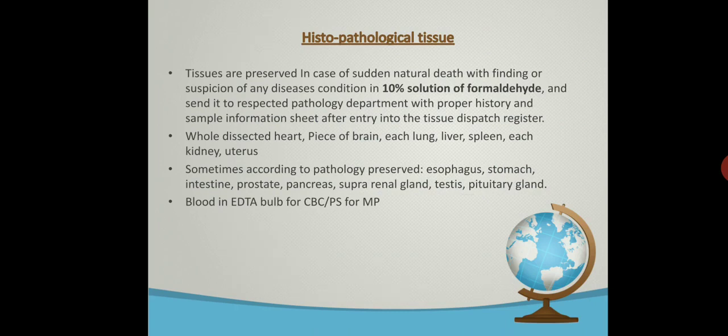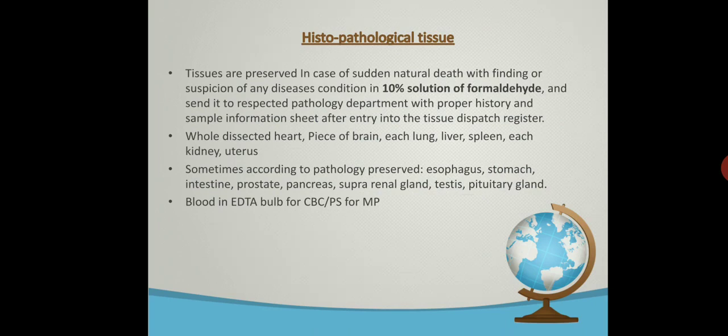Commonly we collect pieces of heart, vein, each lung, liver, spleen, kidney or uterus. But according to the pathology, in some cases we should also collect esophagus, stomach, prostate, pancreas, wherever the pathological condition is found.